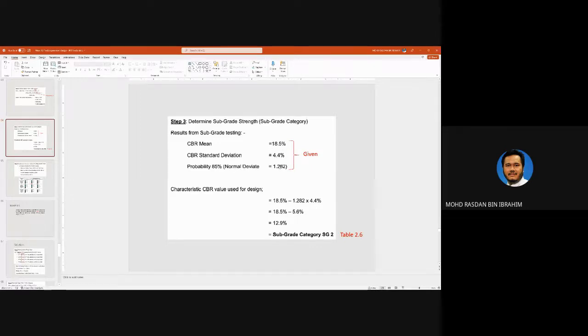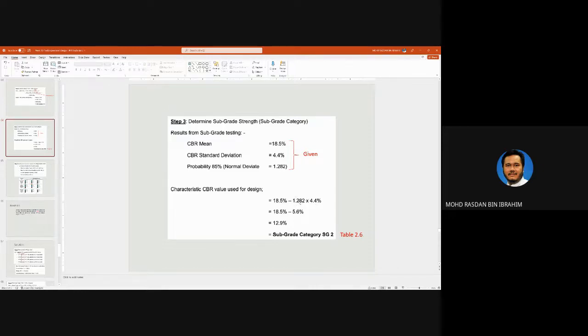The CBR will be given here. Then you use this formula: 18% minus 1.282 multiply with 4.4. So actually this multiply with this, and then this minus this.